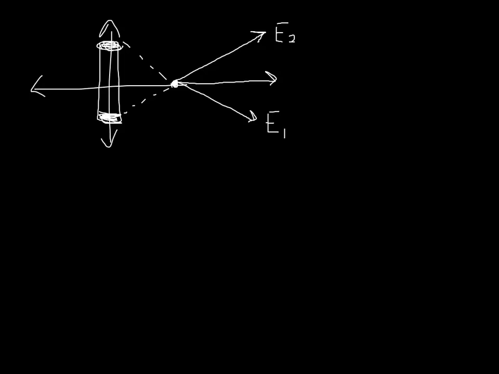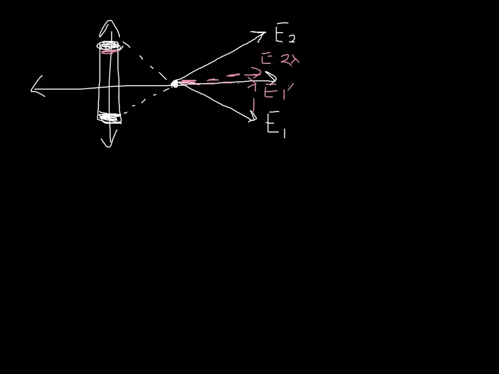All right, so how do I figure out what the fields are in only the x direction? I want to separate out, I want to yank out only the x components. E2x, I only want E2x, I only want E1x, and so on and so forth.